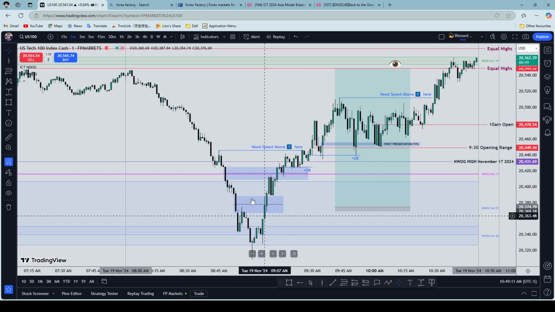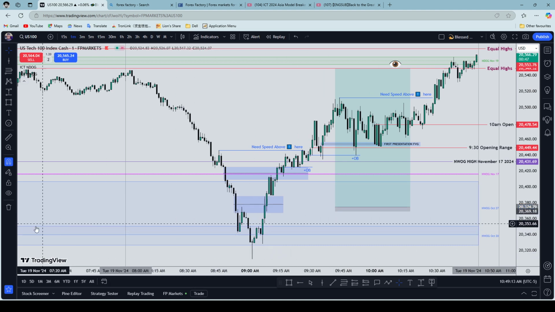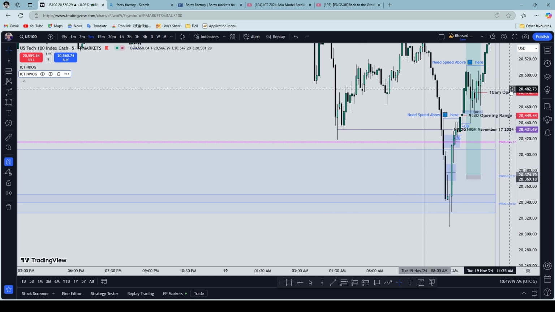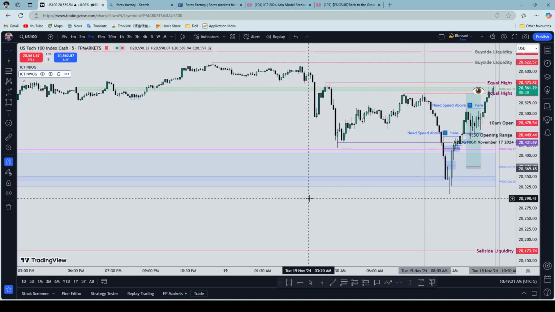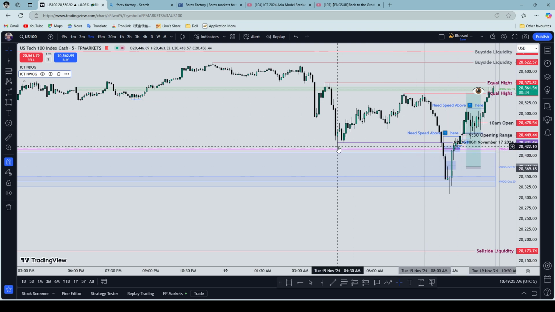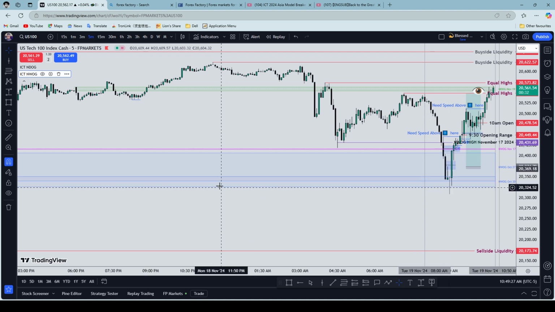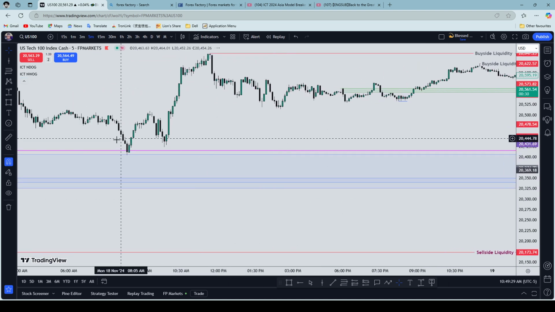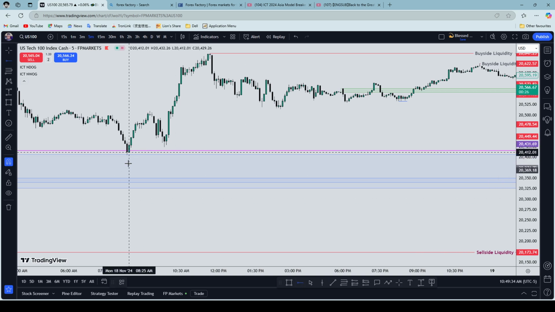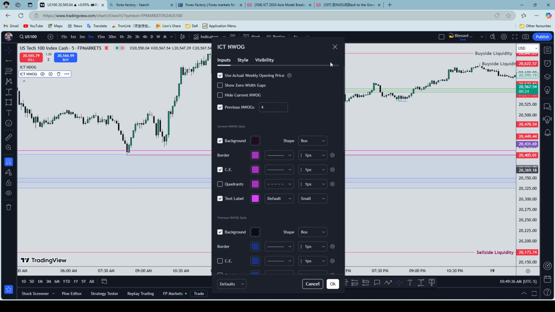After that dump of sweeping sell side liquidity, let's go on the higher time frame to actually look at that. The dump, sell side liquidity got swept, then the dump continued to where this sell side liquidity here. Let's mark that out so that will be in our chart also.